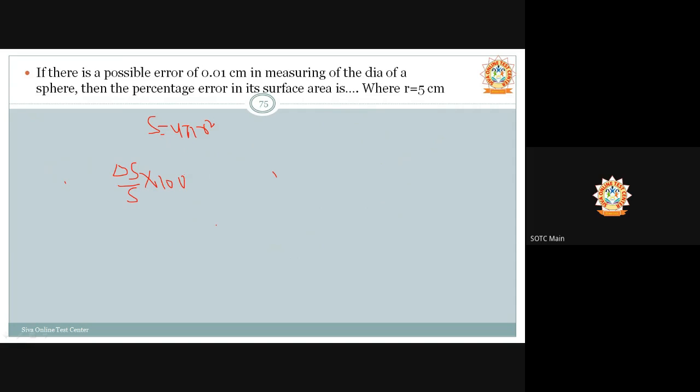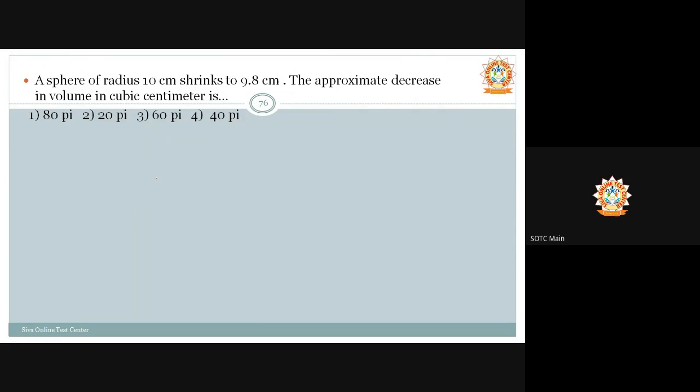Try to calculate and tell me the answer. 0.4 pi, sir. 0.4 pi. Where does pi stay? Pi will get cancelled, right? 0.02 or 0.002. 0.002 is the correct answer. Now try to see the next question.